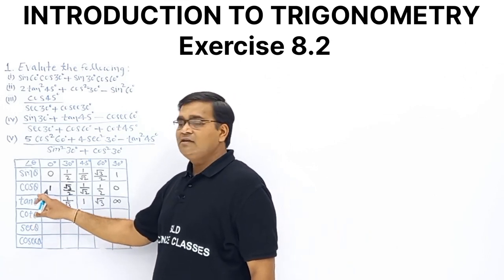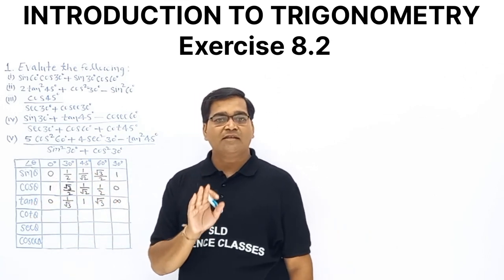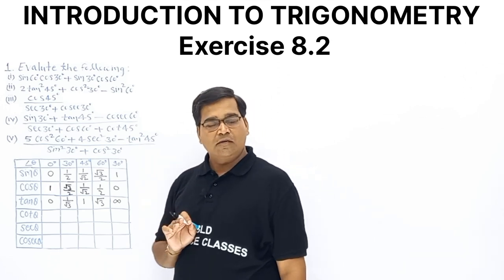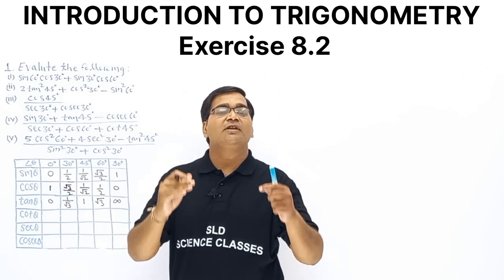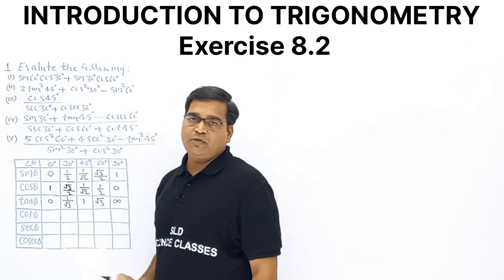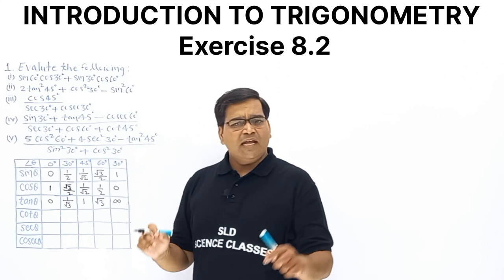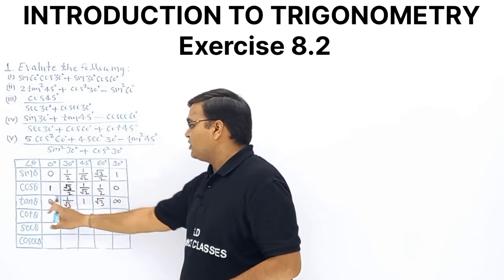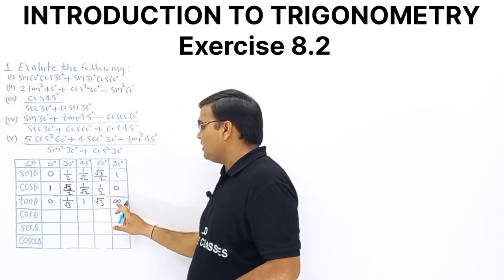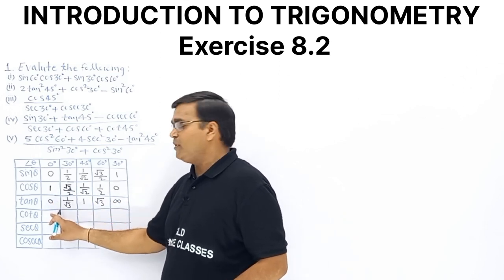Cot theta is the reciprocal of tangent theta. Clear? Or we can say the ratio of cos theta upon sin theta is cot theta. We have three processes. We can reverse this data: tangent theta varies from 0 to infinity, but cot theta varies from infinity to 0.